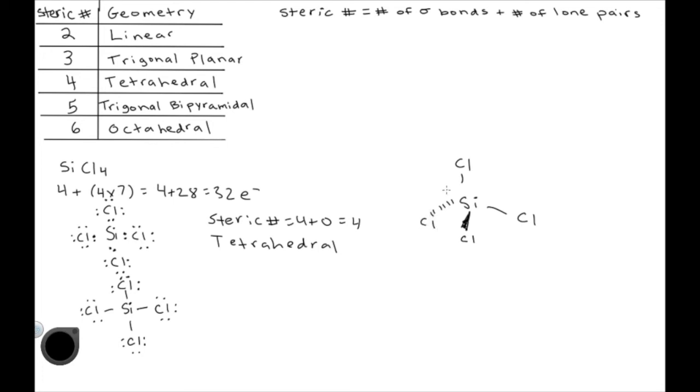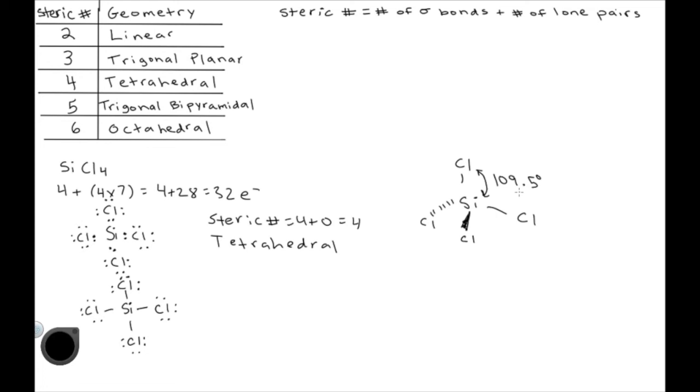And so between each silicon chlorine bond is going to be an angle of 109.5 degrees, right? And so that's going to be the geometry of silicon tetrachloride represented in 3D space, right?